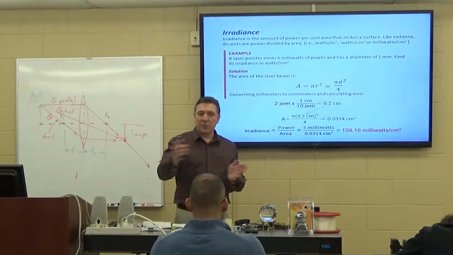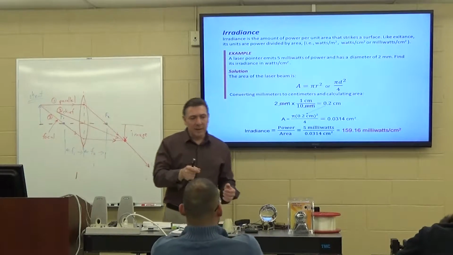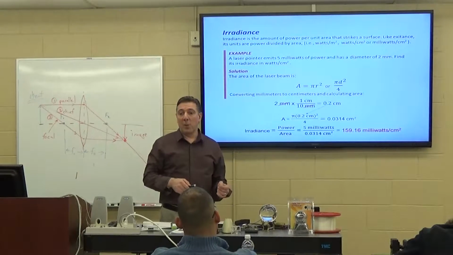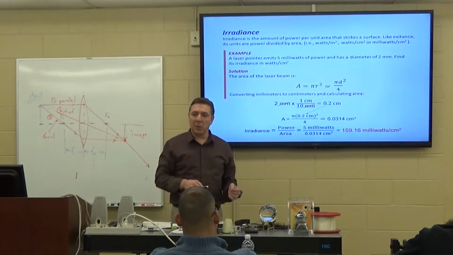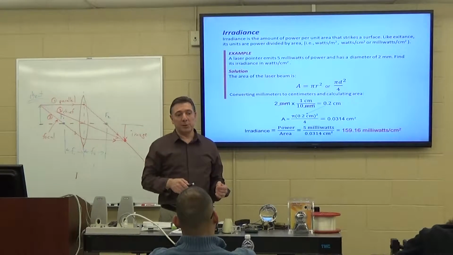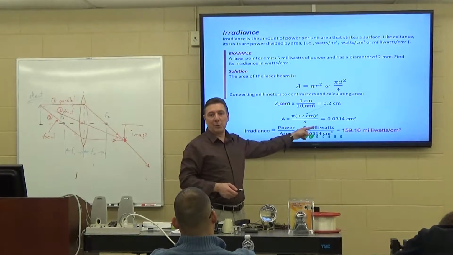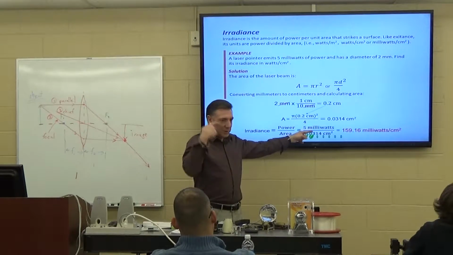So that's where they come up with the number. And the number for the human eye is 2.5 milliwatts per square centimeter. If you exceed 2.5 milliwatts per square centimeter, you can potentially cause eye damage, retinal damage. This is 159. It's a lot more than 2.5. So just keep that in mind.